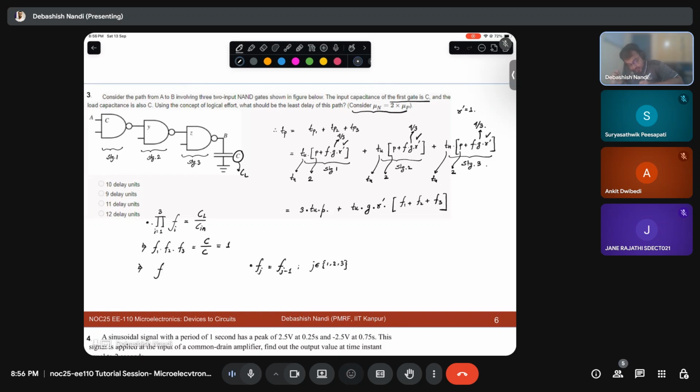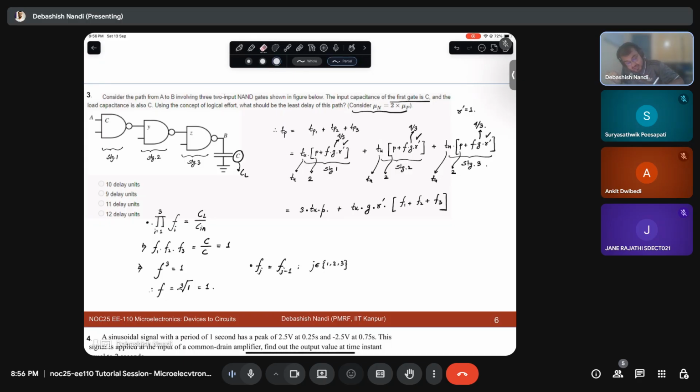So it will be simply f cube equal to 1, or f equal to cube root of 1, which is 1. Fine. I am writing it in this form so that you can at least try to recall what we have done in the last class.